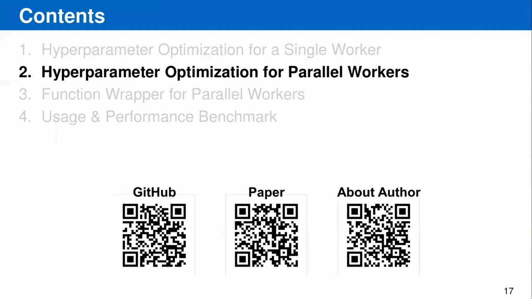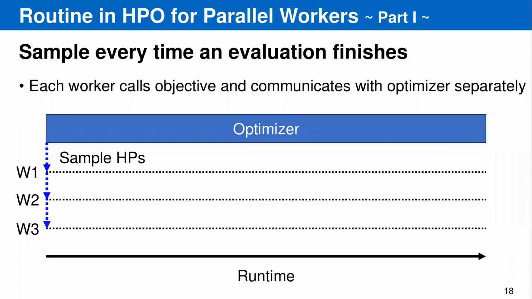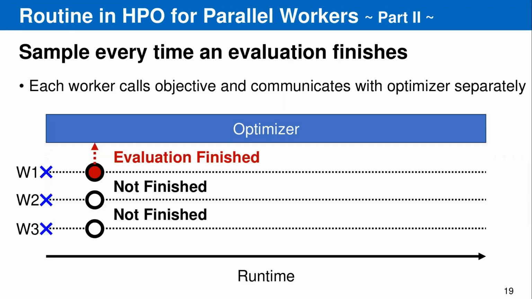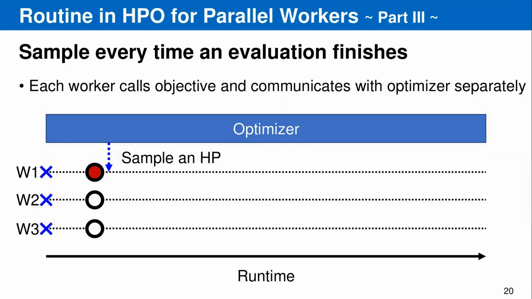Next, we show how we do the same for parallel optimization. We use the same visualization as before, and W1, W2, and W3 stand for worker 1, worker 2, and worker 3. We first sample hyperparameter configurations for each worker. Then we wait until one evaluation finishes and return its result to the optimizer. After collecting the result, we sample another hyperparameter configuration for the finished worker.